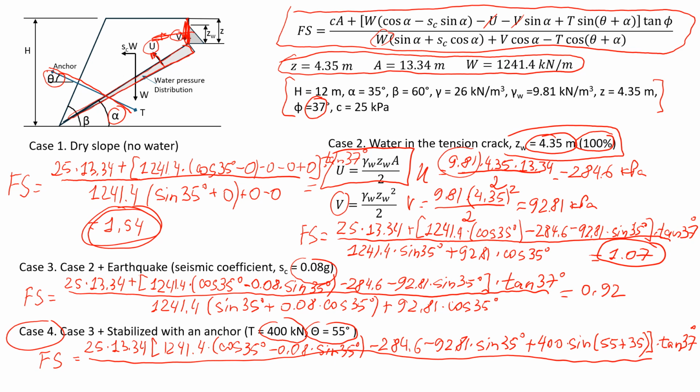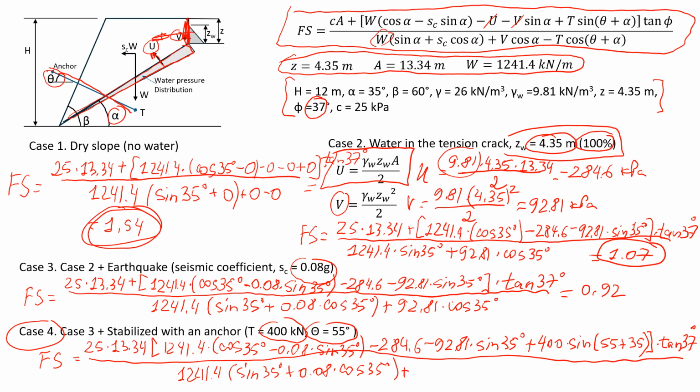This we are going to divide by almost the same thing as in the previous example, but we're also going to add the value of T. Here we have sine 35 plus this seismic coefficient 0.08 times cosine of 35 degrees.